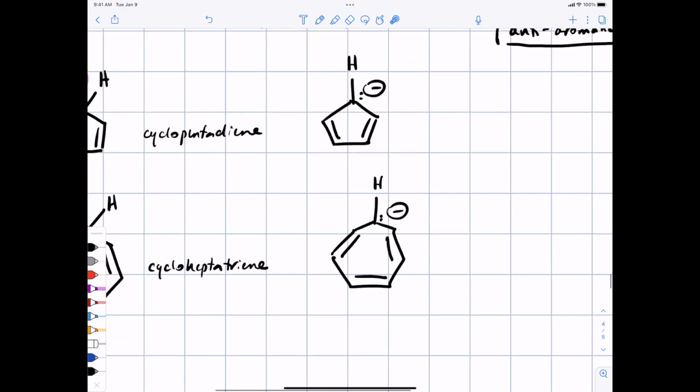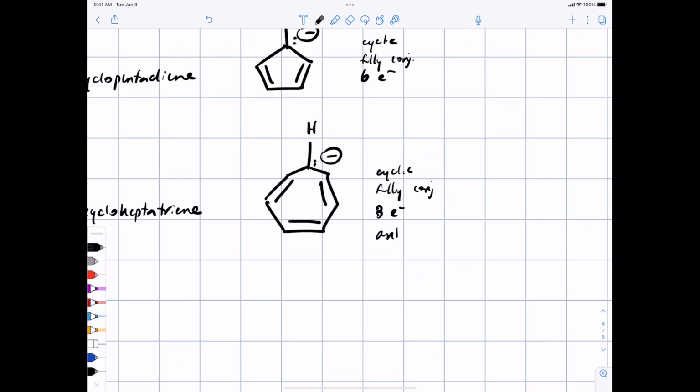So the top one is cyclic. Both of them are resonance stabilized, right? You got that going for you. Cyclic, fully conjugated. How many pi electrons do I have for cyclopentadienyl anion? 6. How about here? Cyclic, fully conjugated, but 8 electrons. So this anion would be anti-aromatic. This one would be aromatic.